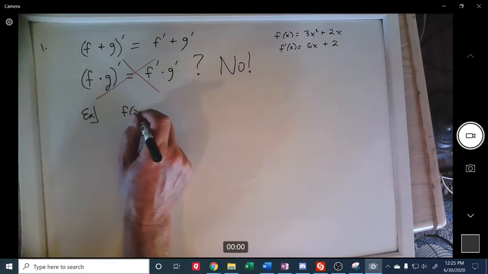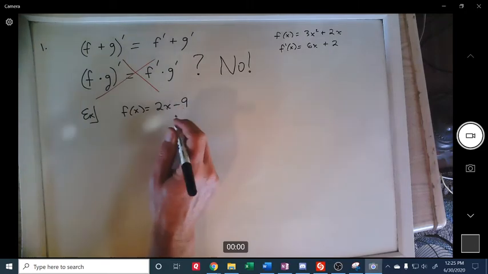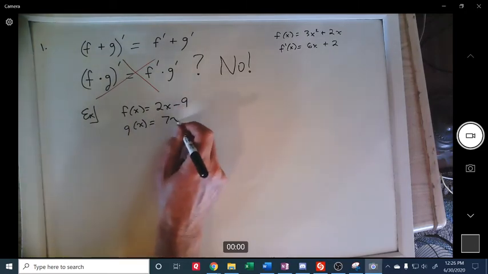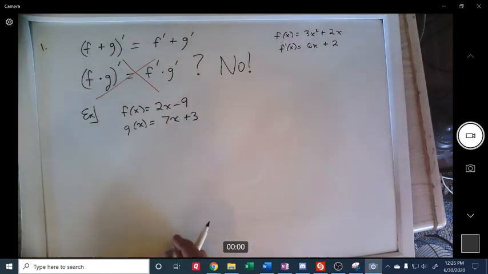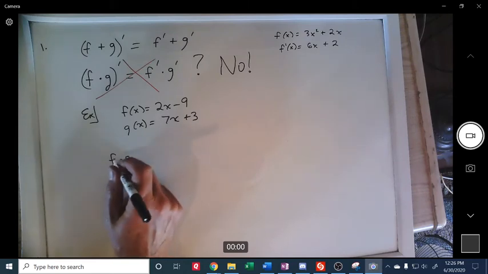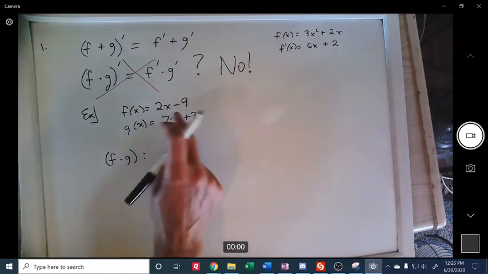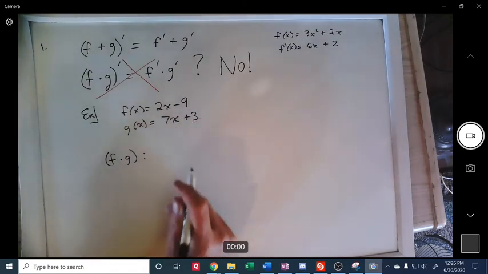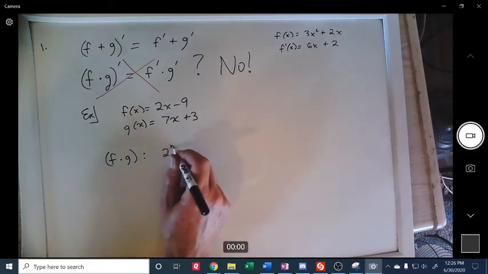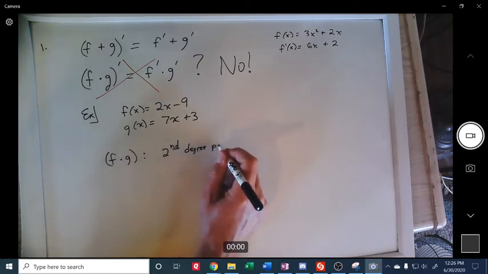Suppose f of x was 2x minus 9, and g of x is 7x plus 3. Now, if you do f times g, you have to FOIL this out. But what degree polynomial will you get? You'll get a second degree polynomial.